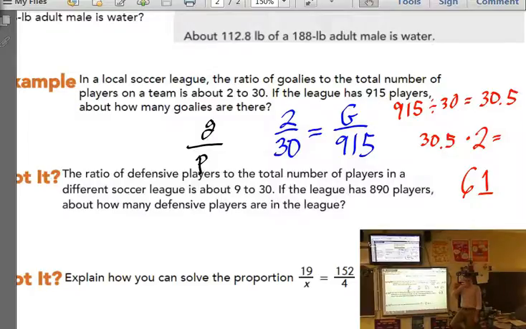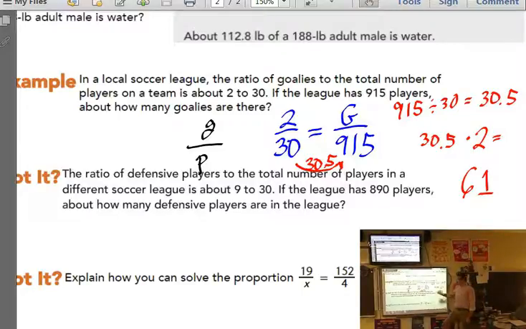So, Dom has realized that if I take these corresponding denominators and just say, well, how do I go from here to here? Because what you're really doing, Dom, this 30.5 is the multiplication factor that takes us from one side to the other side.